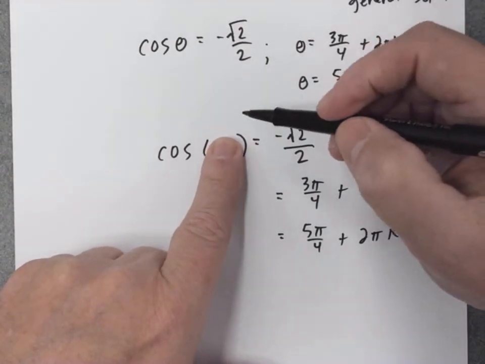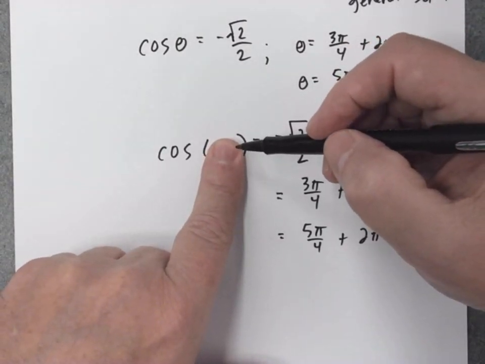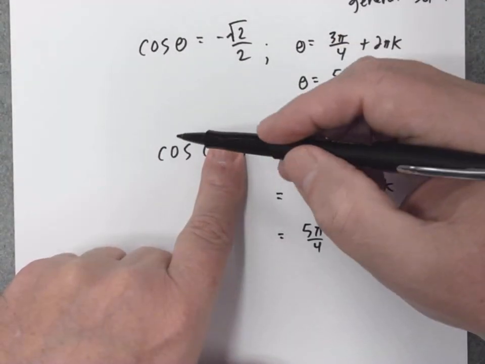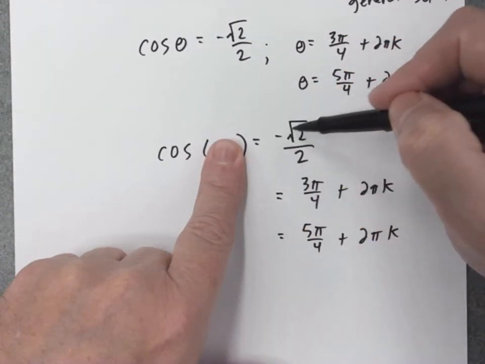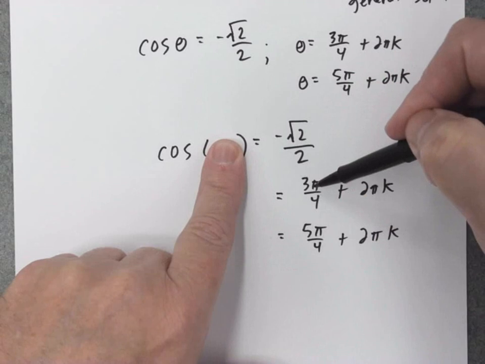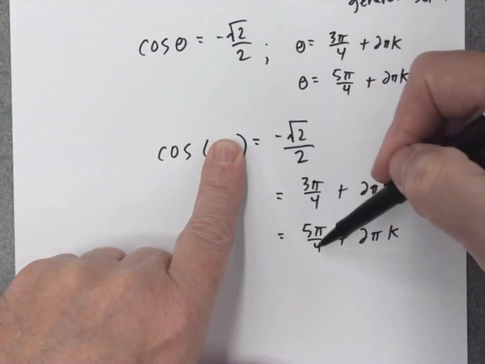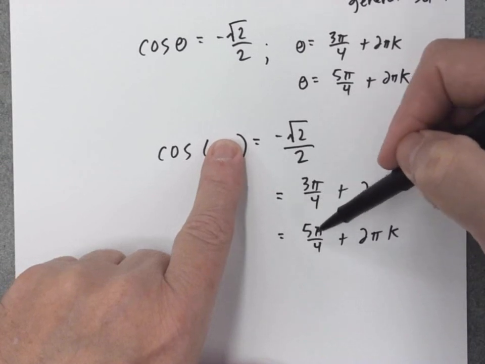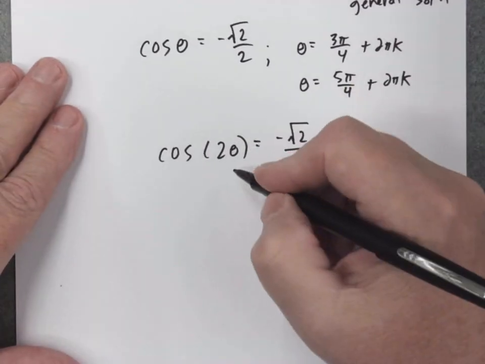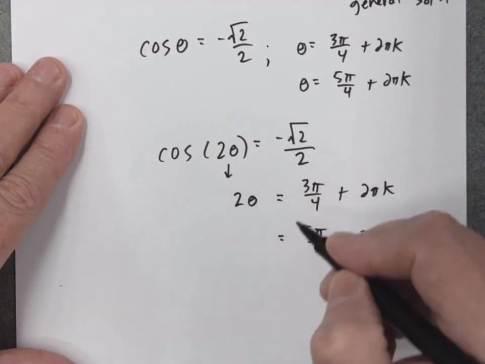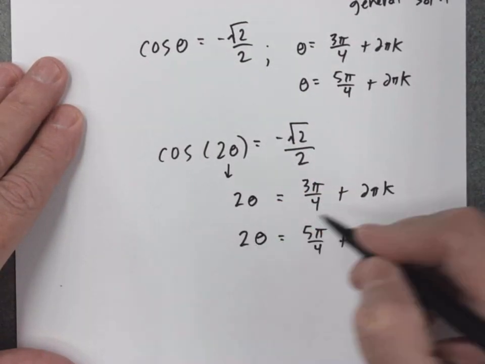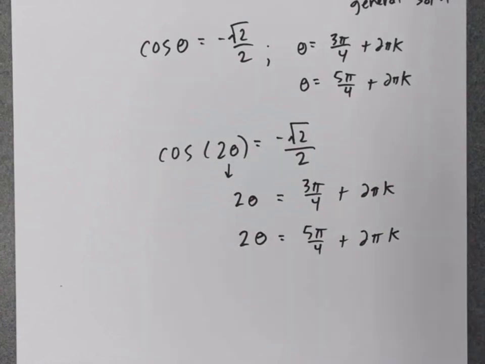It's almost like I initially ignore what's inside the cosine and say the cosine of what is going to equal negative square root of 2 over 2: 3 pi over 4, 5 pi over 4. But then once I figure these out, I come here and I move this down into my solutions.